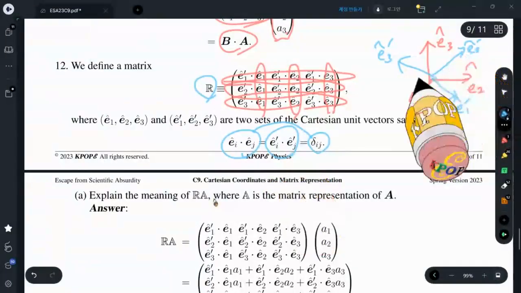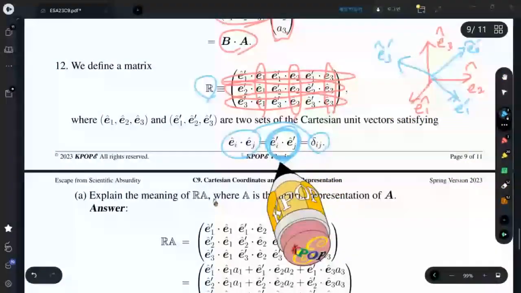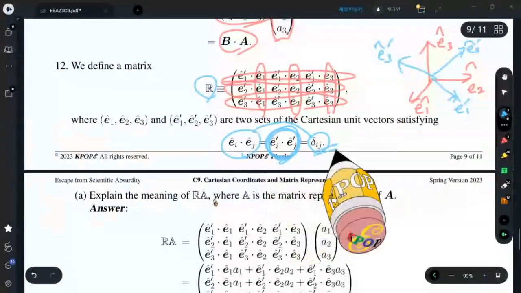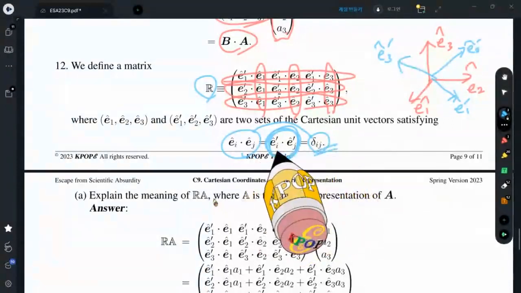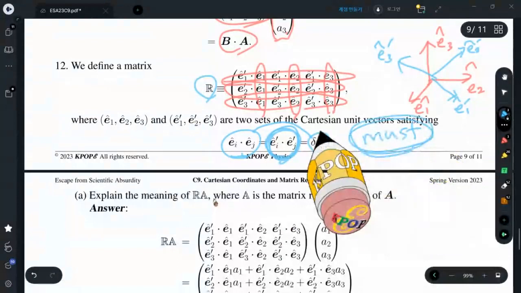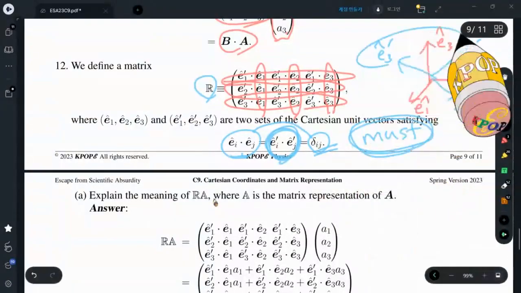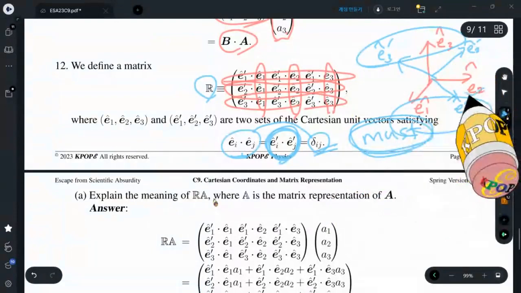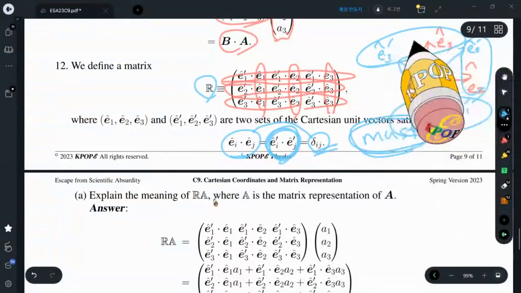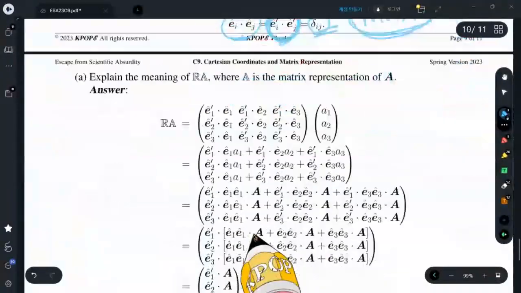Another set of unit vectors in the Cartesian coordinate system must also satisfy the Kronecker delta. It is trivial. It must. We don't have to prove this. But the problem is that when they are mixed, if I compute the scalar product among them, it is a little bit complicated.